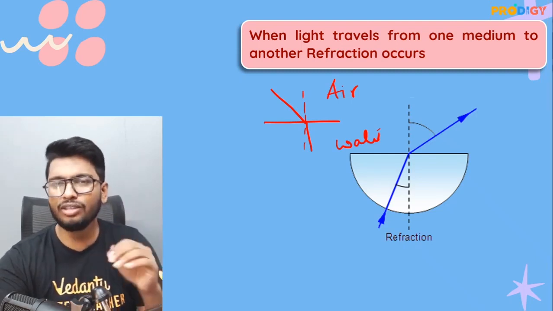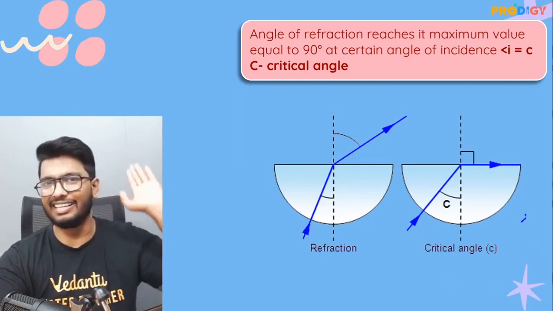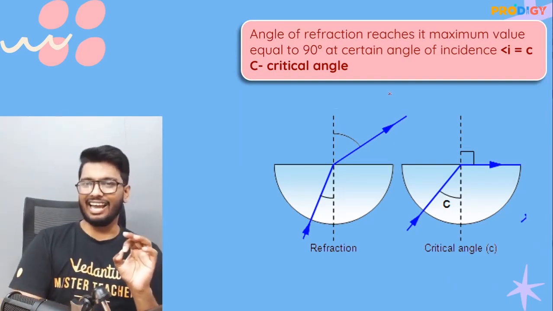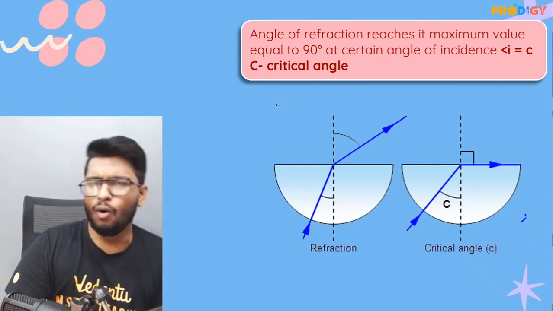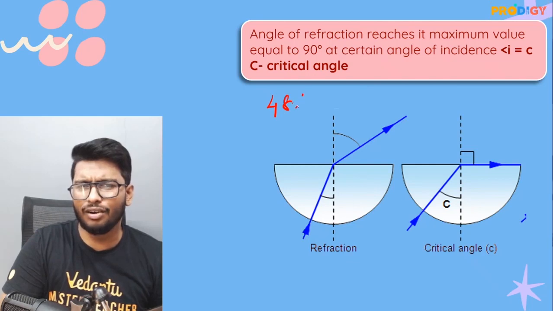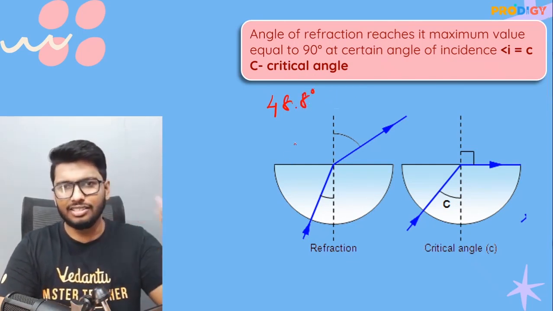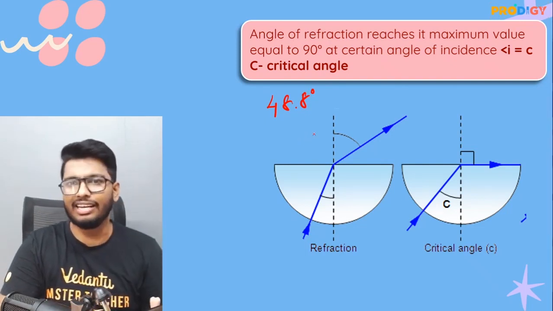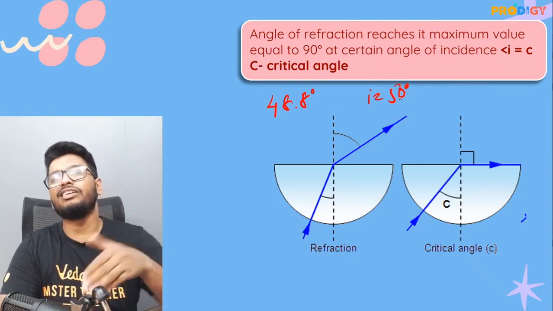It has to be going from a dense to a rare medium, and the angle of incidence has to be greater than the critical angle. Only if it's greater than the critical angle will you be able to see total internal reflection. For example, guys, if we talk about water, the critical angle of water is around 48.8 degrees. So if my angle of incidence is greater than 48.8 degrees, let's say around 50 degrees, then I'll be able to see total internal reflection.